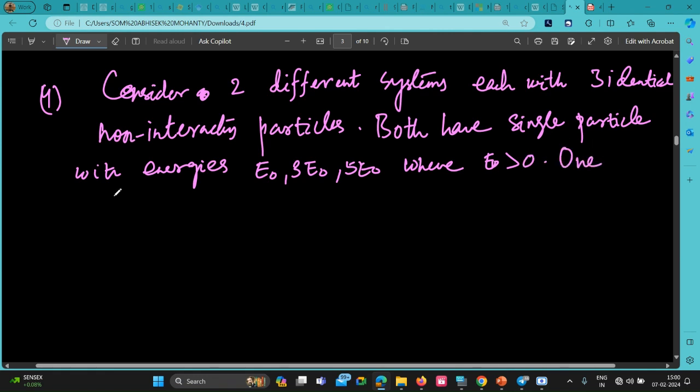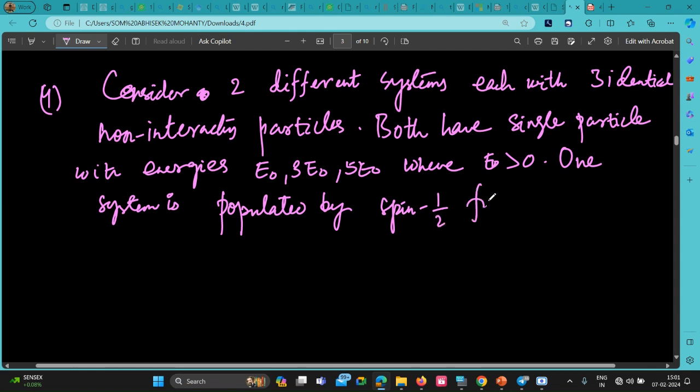One system is populated by spin-half fermions, and the other by bosons.